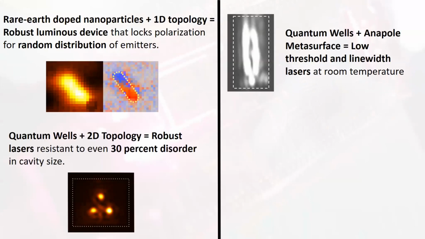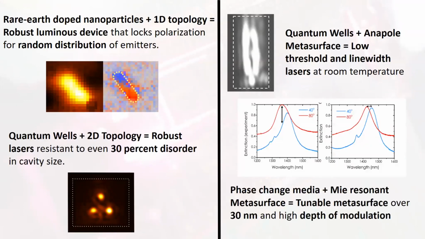Quantum wells with an Anapole metasurface gave us low threshold and low linewidth lasers at room temperature. And again, phase change media plus a Mie-resonant metasurface gave us a metasurface tunable over 30 nanometers with a high depth of modulation.